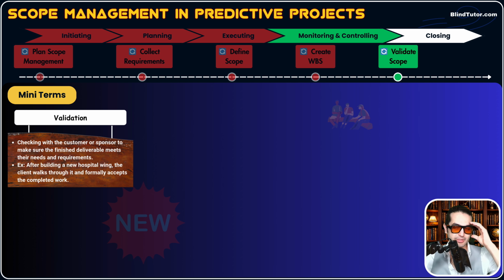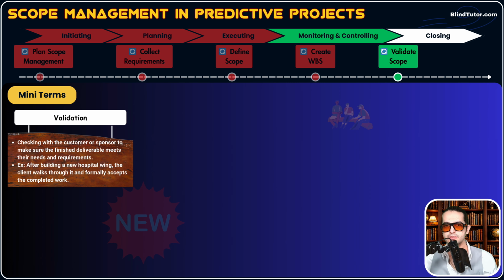Our internal quality team verifies, assesses, tests, inspects that deliverable and says, okay, good to go. Go and show it to the customer. When internal quality has passed, then the customer does the final acceptance. So validation means checking and accepting deliverables.